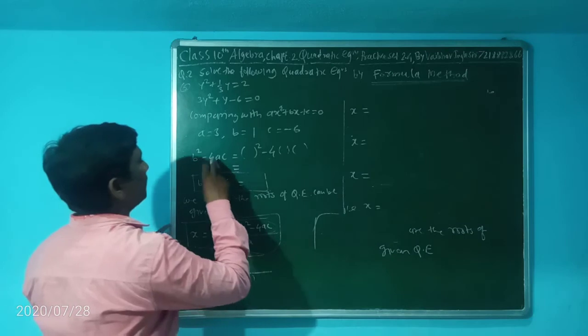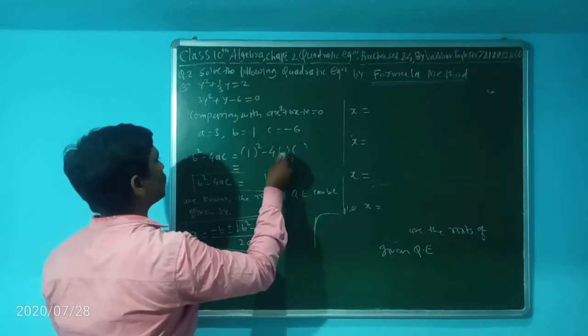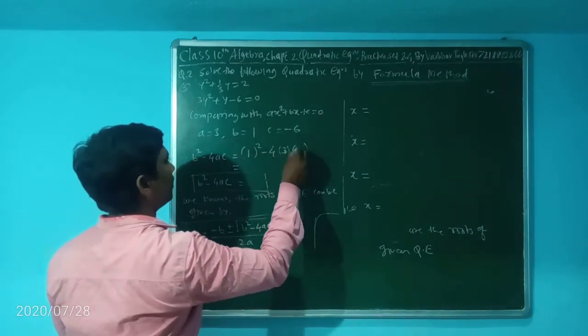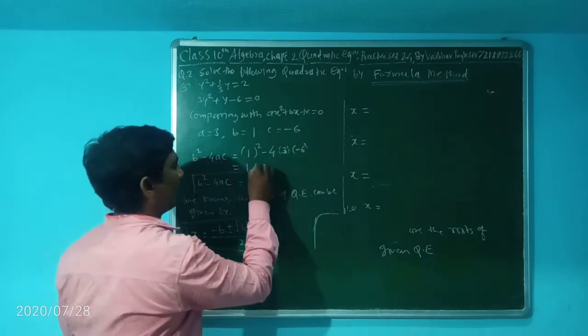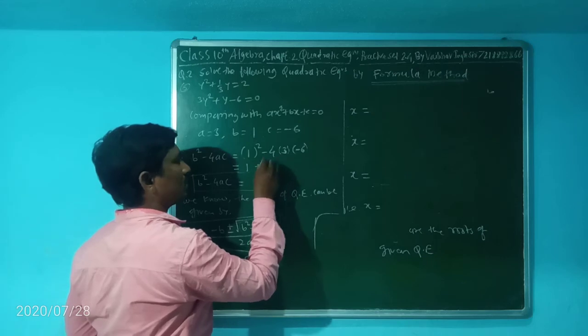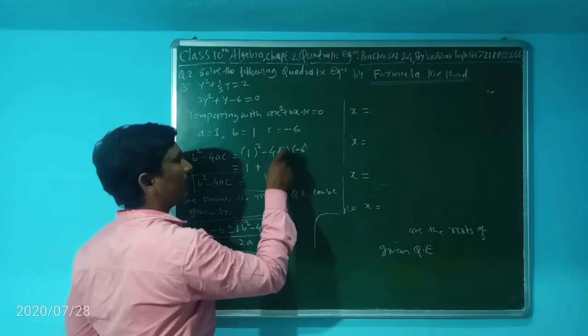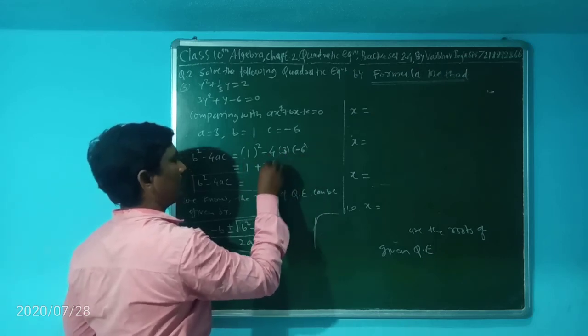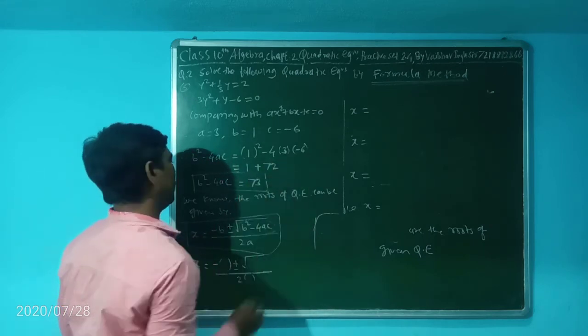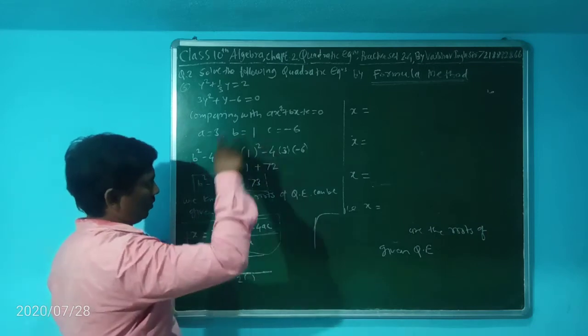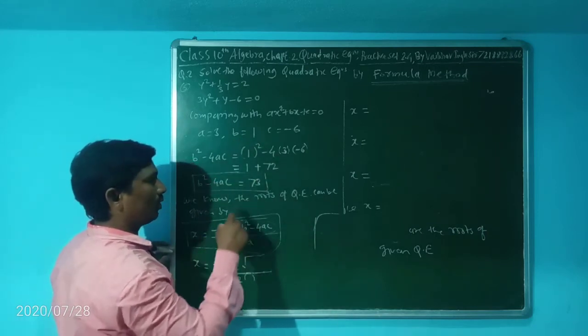So b square, that is 1 square, minus 4 into a, that is 3, into c, that is minus 6. So 1 square, minus into minus plus, 4 into 3, 12, 12 into 6, 72. 72 plus 1, that is 73. So put all the values in the formula.